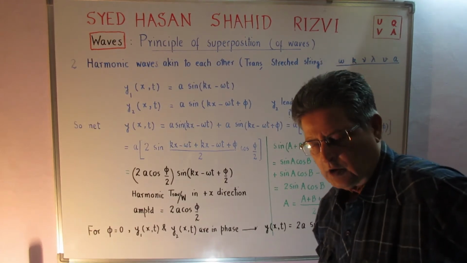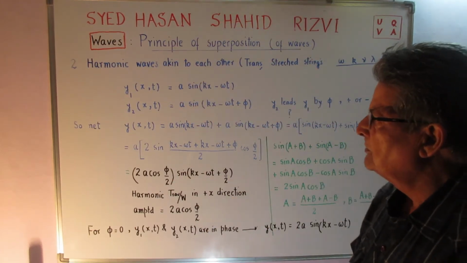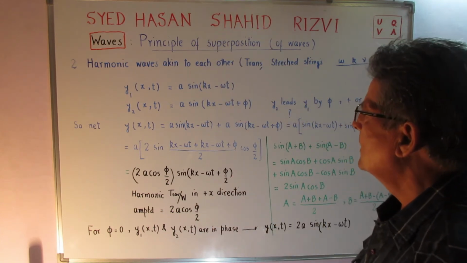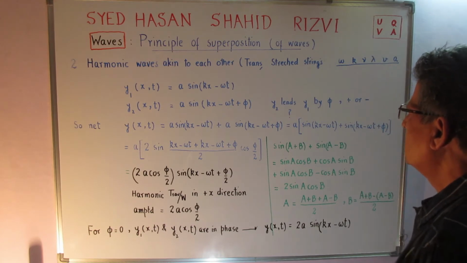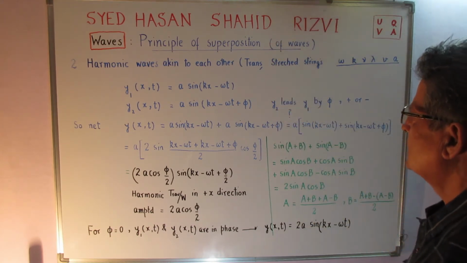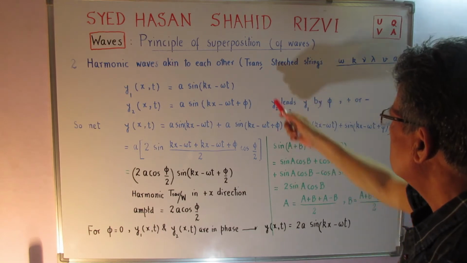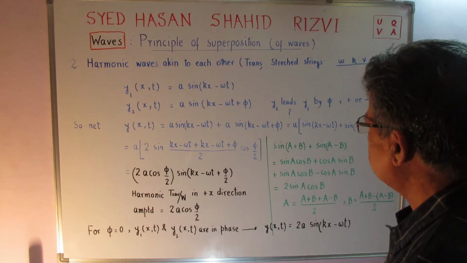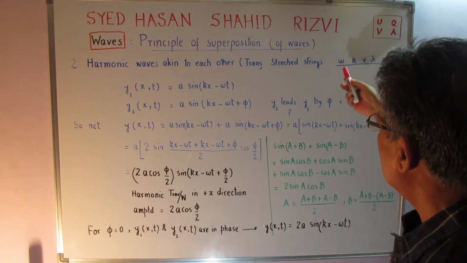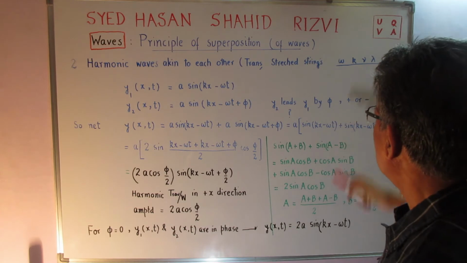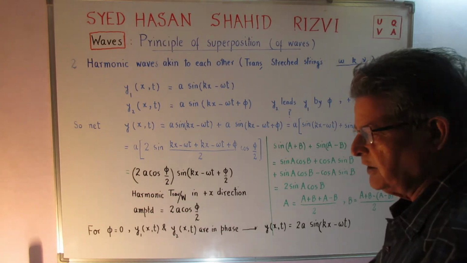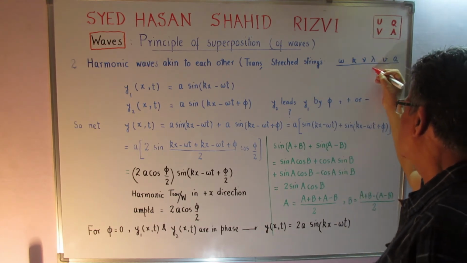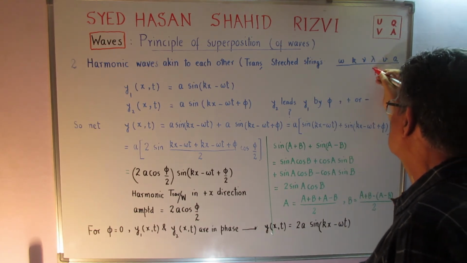Let us take two harmonic waves acting on each other, similar to each other in very many aspects, which are transverse and they are on strings, traveling waves, so that omega, k, nu, lambda, v, a and capital T are similar.